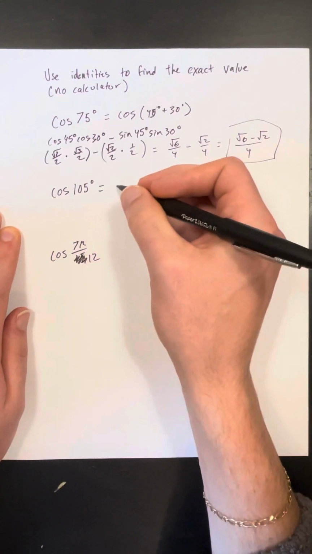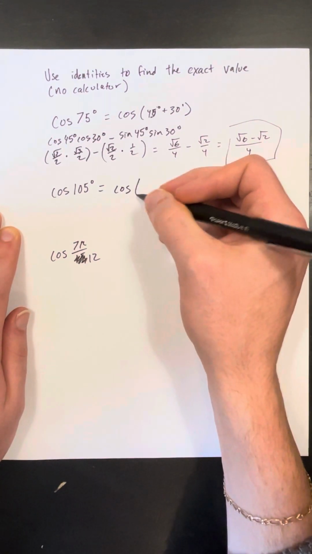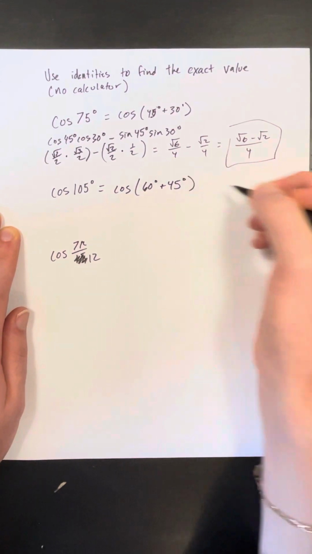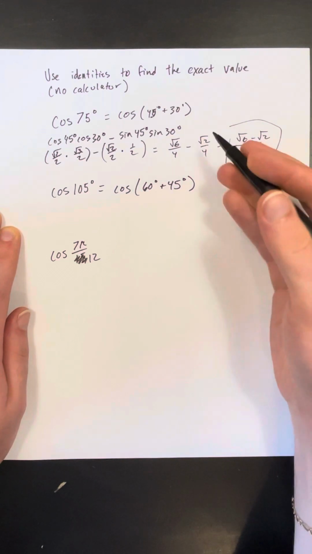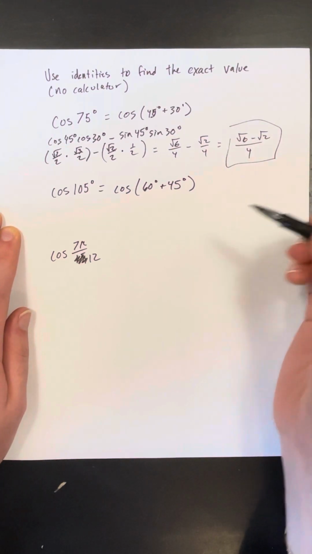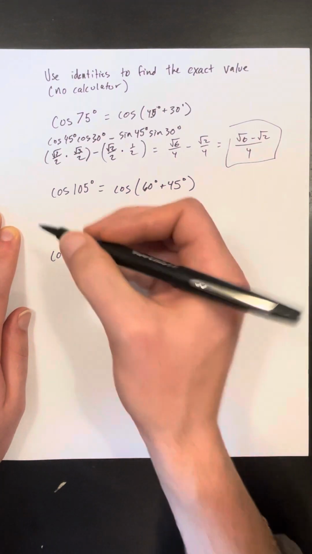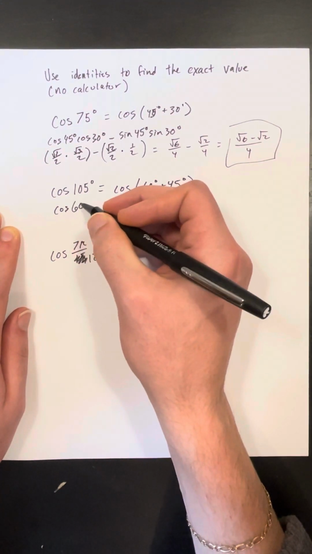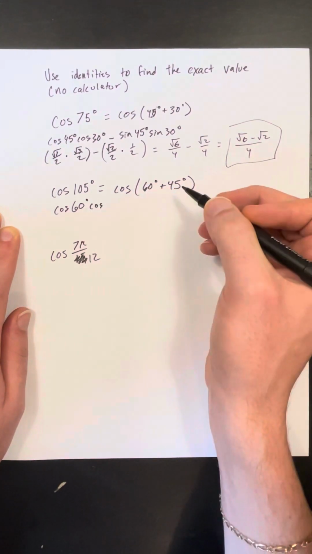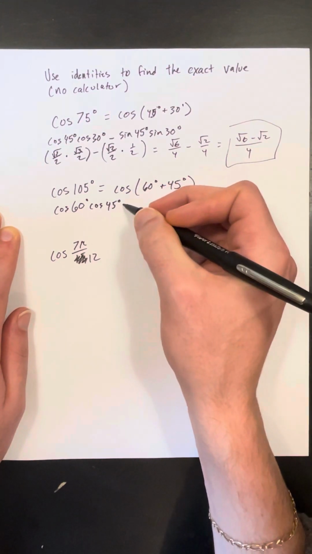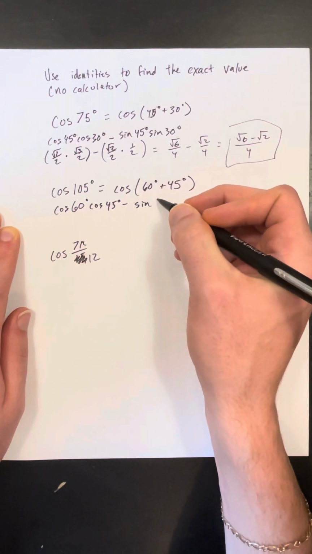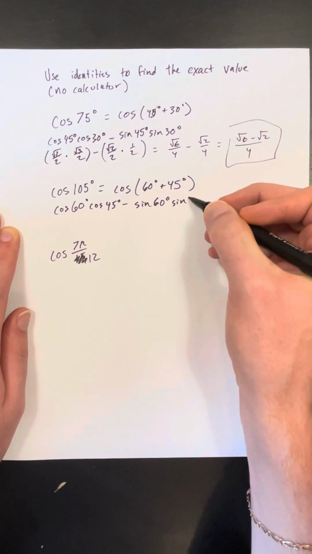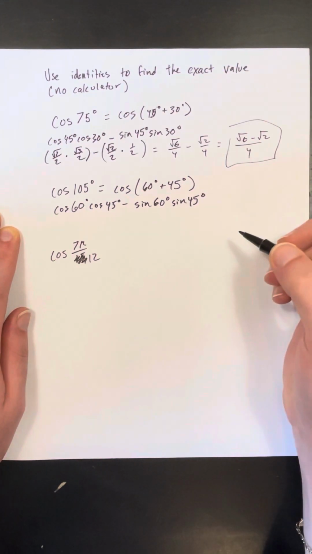You can break this apart as cosine 60 degrees plus 45 degrees. Using the same identity as the one before, you can write it as cosine 60 cosine 45 minus sine 60 sine 45.